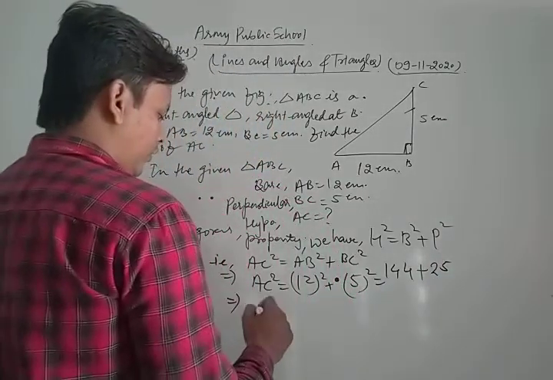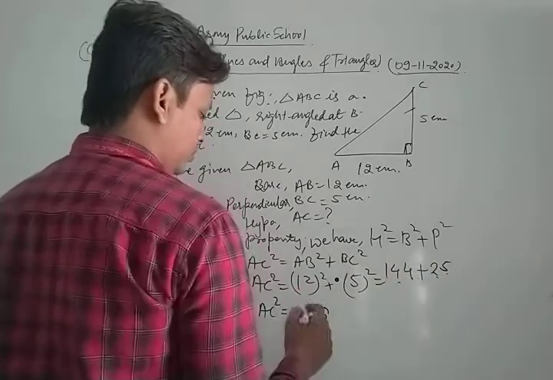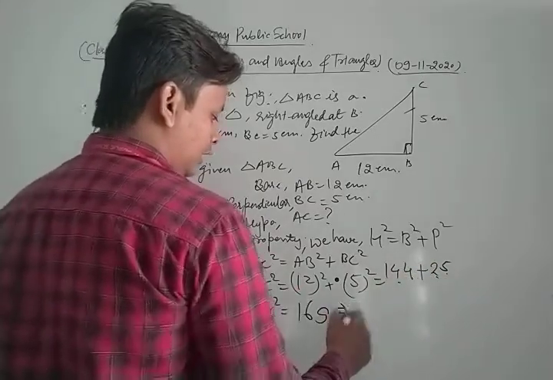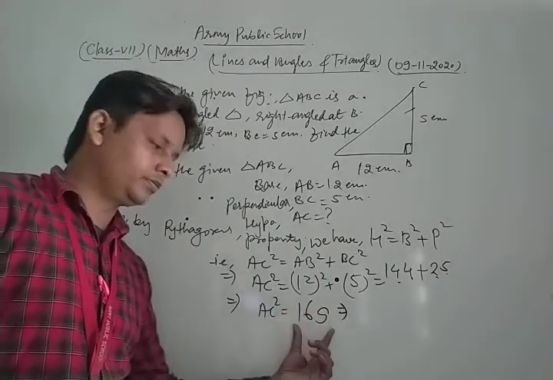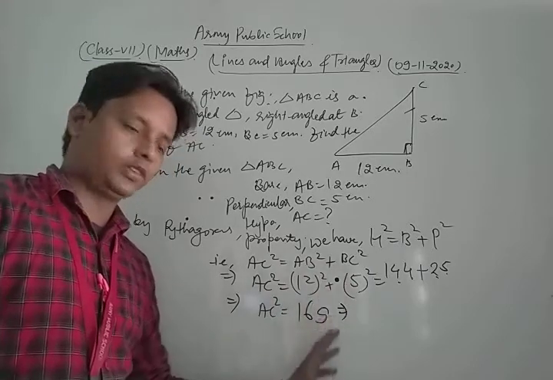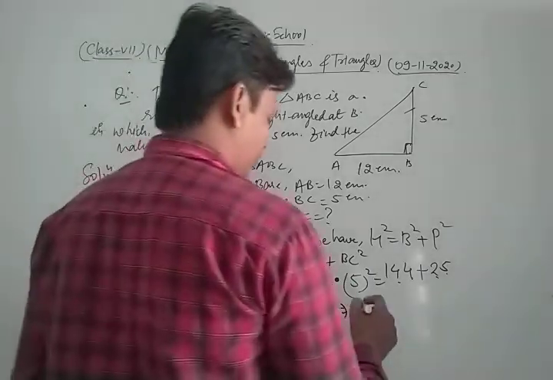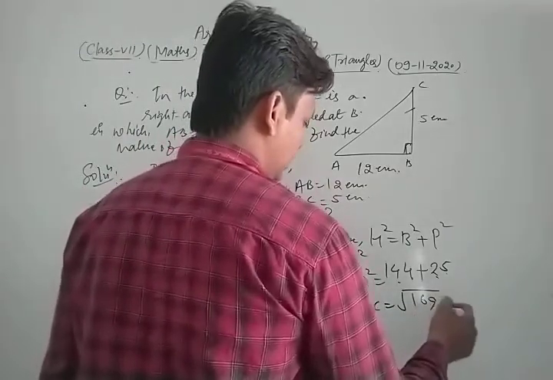Thus the value of AC square is equal to 169. Thus if we write AC, then on that side we write the square root, because we remove the square. So AC is equal to square root of 169.